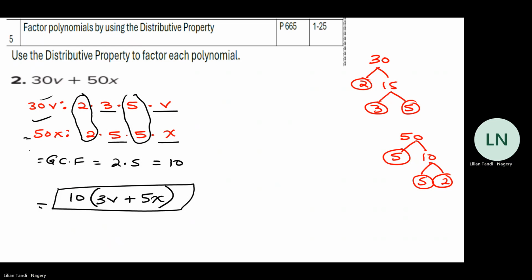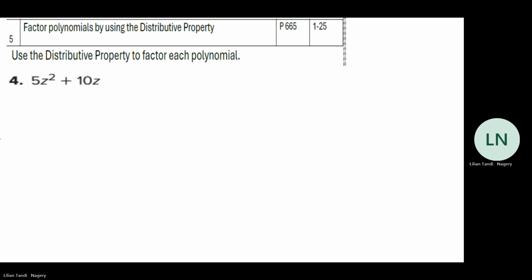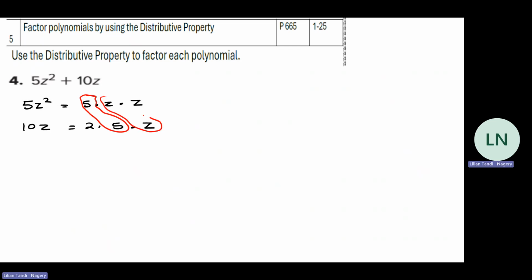Okay? You have to remember prime numbers. You have to remember how to factor. Okay? All right. 5z, 5 is already a prime number. So this will be 5 times z times z. 10z will be 2 times 5 times z. Our common factor is 5 and z.